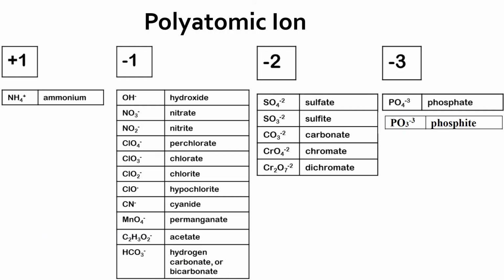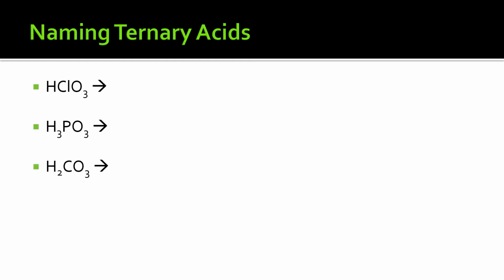Here's a list of the polyatomic ions that was in your first semester spiral. If you guys lost that spiral or can't locate that page, here it is again. These are the common ones we will see, and this will help us name acids. First step to naming ternary acids is to take a look at the polyatomic ion.